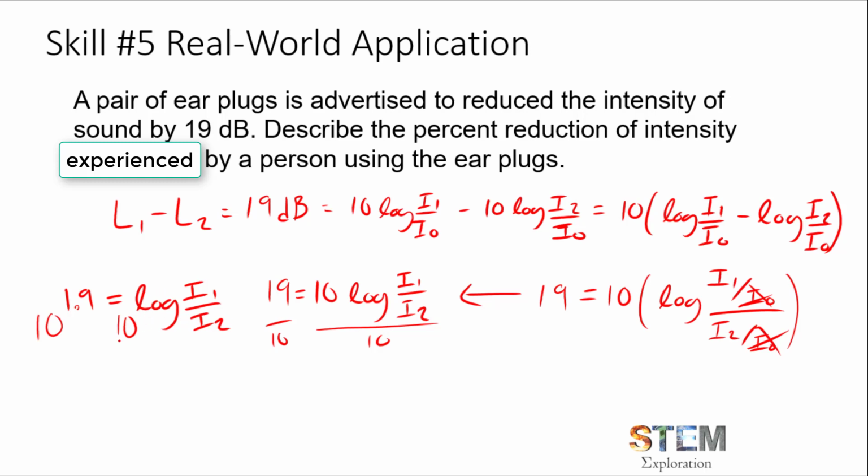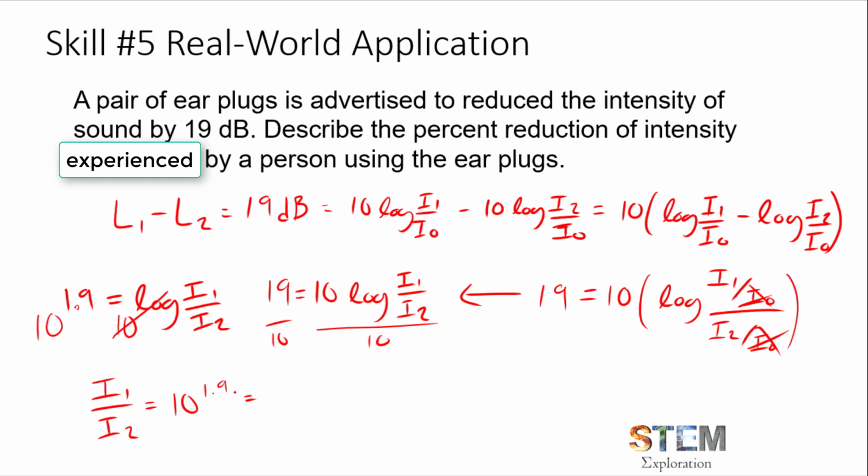Since 10 to the power of and log base 10 are inverses of each other, they cancel out and equal 1. And so, looking at the difference between L1 and L2, this is going to be equal to I1 over I2, which is going to be equal to 10 to the 1.9th power.